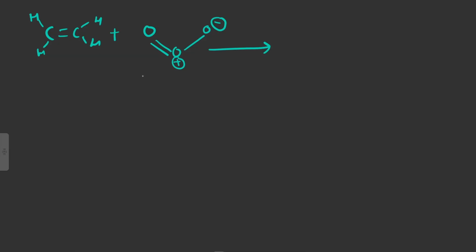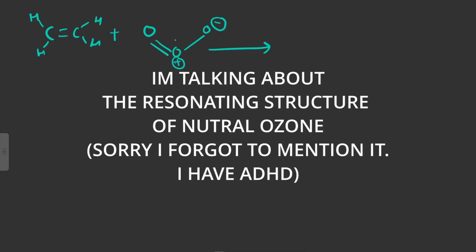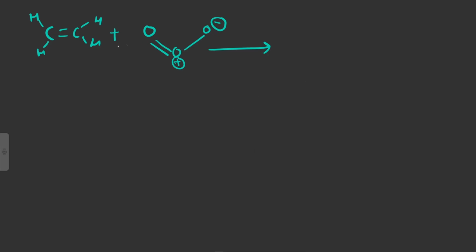When ethene is treated with ozone, because of the inductive effect, this highly unstable ozone resonates, and there is a plus over here, there is a minus over here, and there is no double bond. I won't draw it right now because that will mess up the mechanism. All I want to say is there is a minus delta charge here and a plus delta charge induced because of this instability. So what happens because of that?